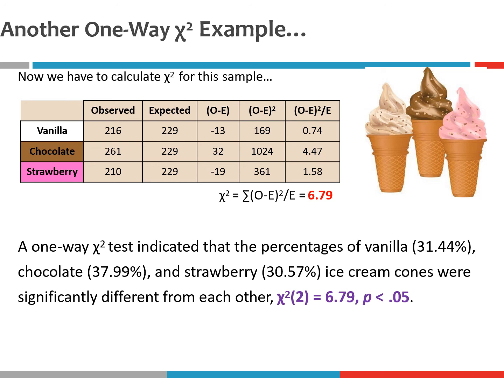You're going to report your chi-squared statistic and the degrees of freedom, and you're going to indicate whether the p-value is greater than or less than 0.05. So again, if you retain the null hypothesis, the p-value is greater than 0.05. If you reject the null hypothesis, the p-value is less than 0.05.